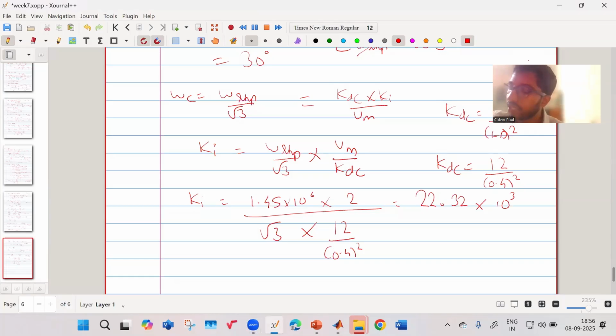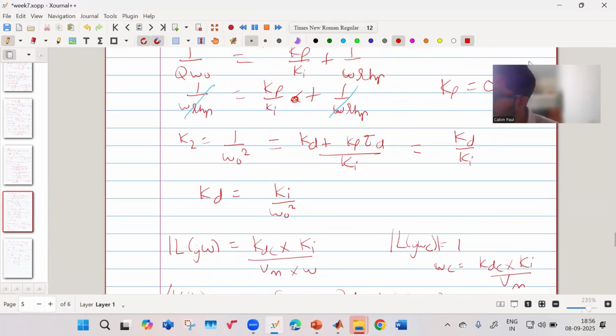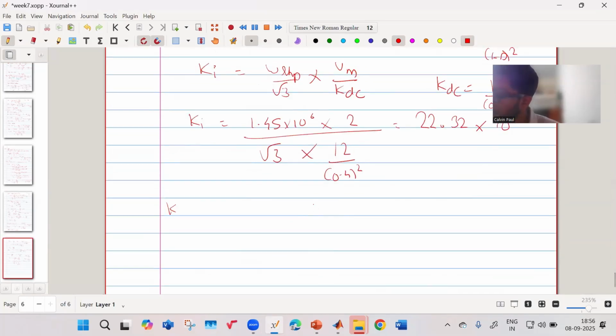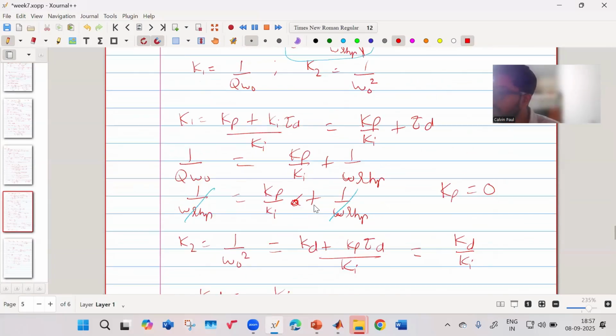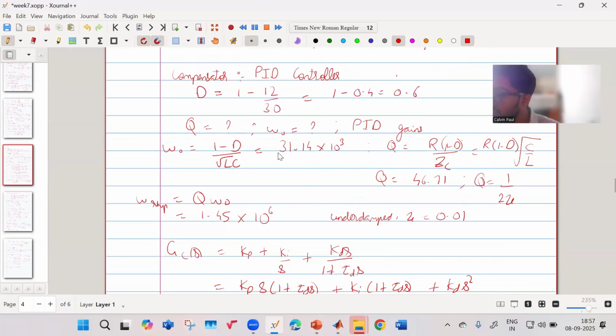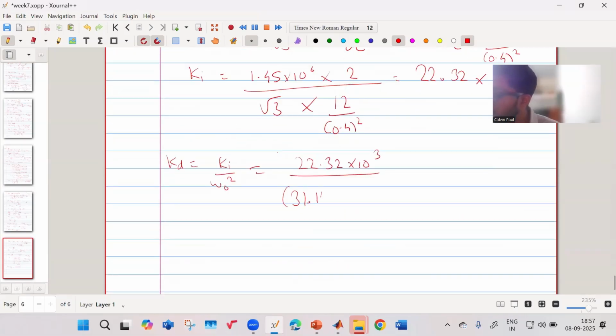Now we have to finally find our Kd. This is the expression for Kd. We got Kd is Ki upon omega naught square. So this is 22.32 into 10 to the power 3. What is the expression for omega naught? We have calculated. So I think omega naught is equal to 31.14 into 10 to the power 3. Yes, 31.14 into 10 to the power 3.